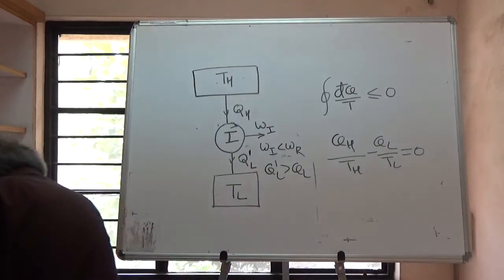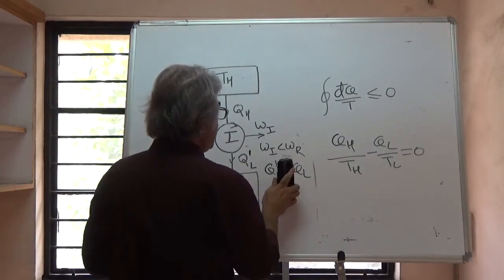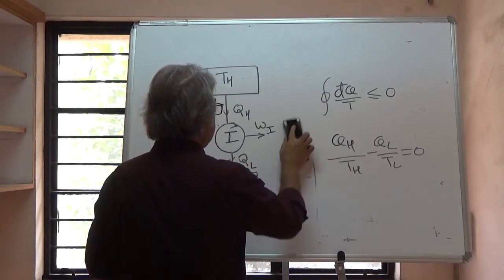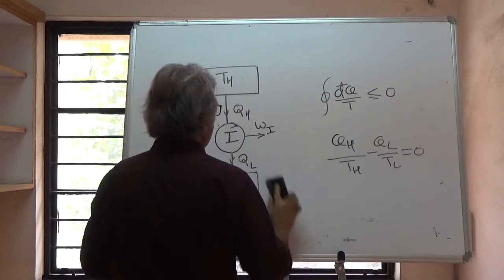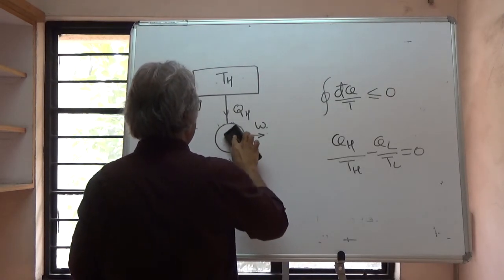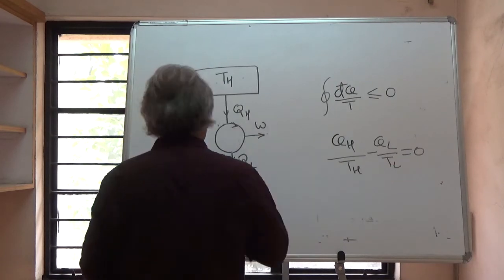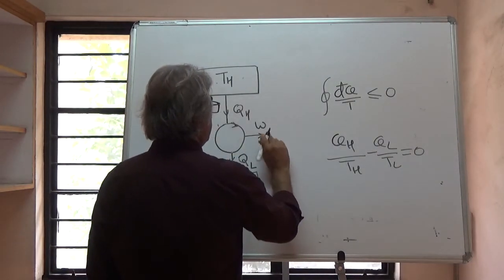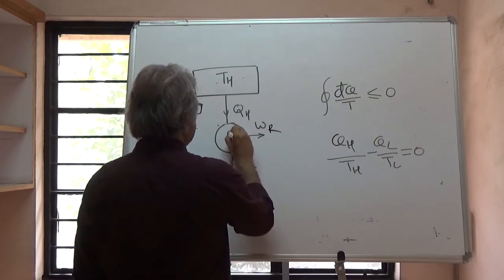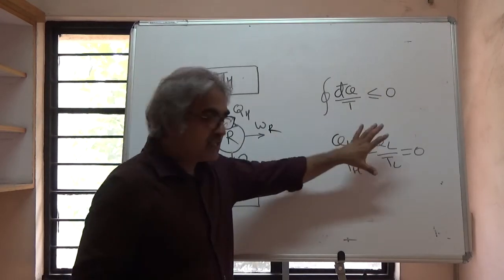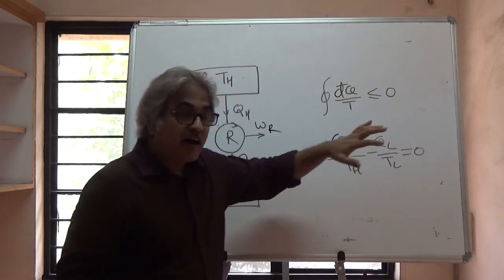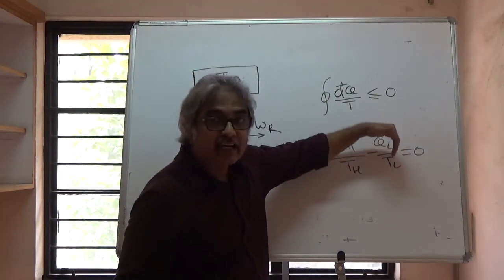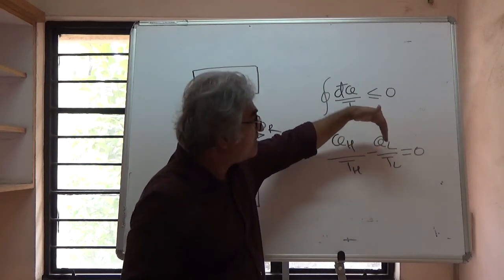If you consider this as a reversible cycle, this is reversible, this is reversible. For a reversible cycle, this is equal to 0. Under which situation will this be greater than 0?